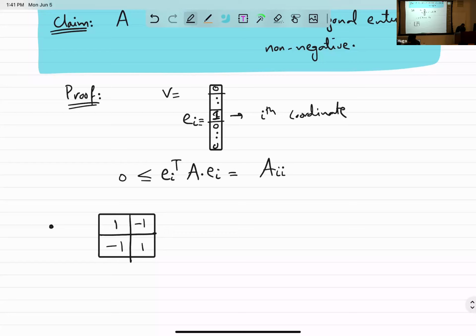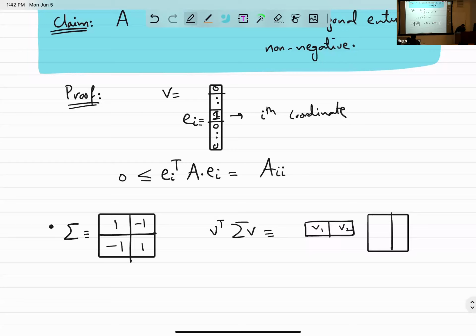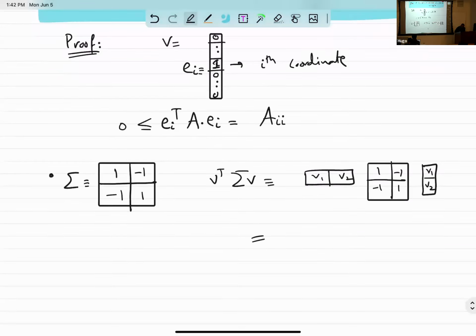So another example, let's say A equals this, sigma. What is v transpose sigma v? So let's say I have v1, v2, and then the matrix with 1, -1, -1, 1, times v1, v2. What do I get?